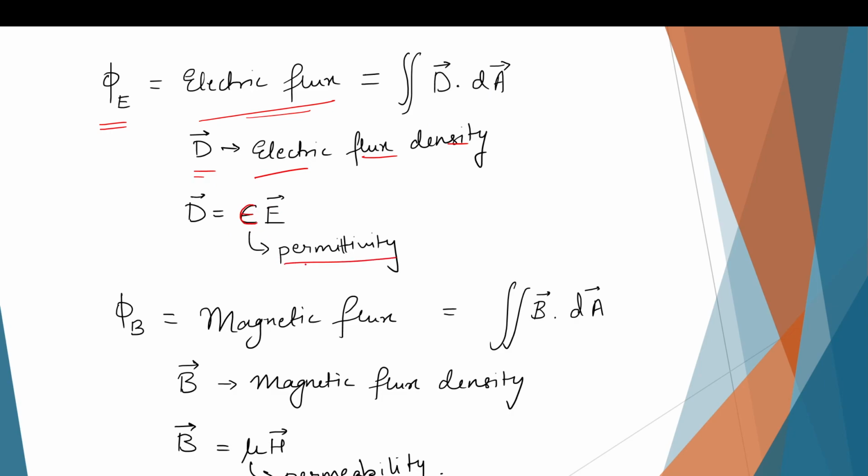Epsilon is the permittivity, so the electric flux depends on the material property. Similarly, magnetic flux is given by the magnetic flux density times dA, where magnetic flux density is permeability times the magnetic field. These are just the formulas; I wanted to write Maxwell's equations formally before starting.